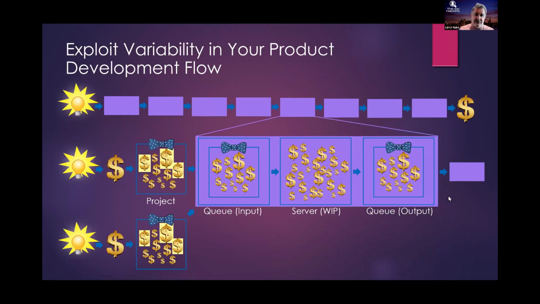What is the variability in the greatest graphic of all time? It's these different dollar signs. We tend to put everything in a project. We split up this thing that has value into smaller pieces. Usually, I just remember from old days, it was called WBS, work breakdown structure. We break it into different work pieces.